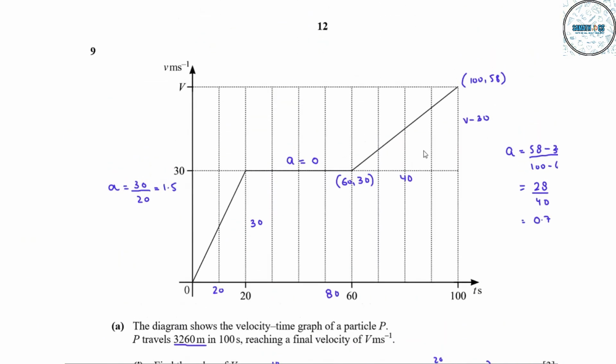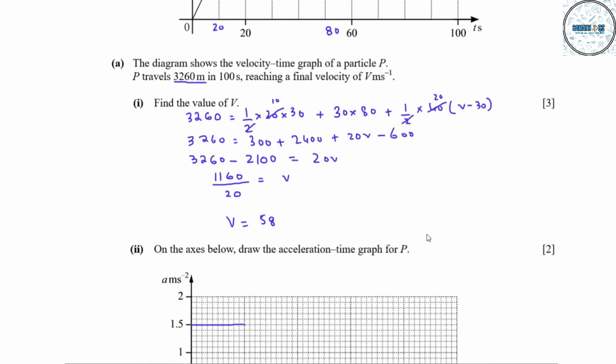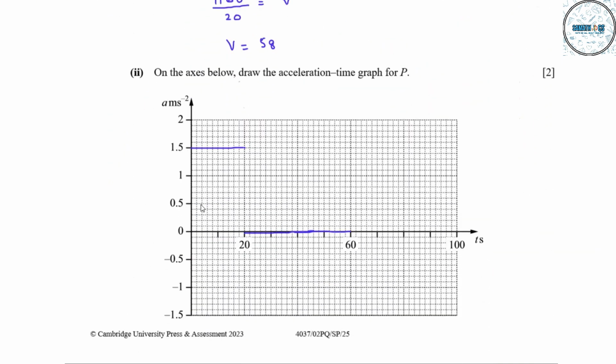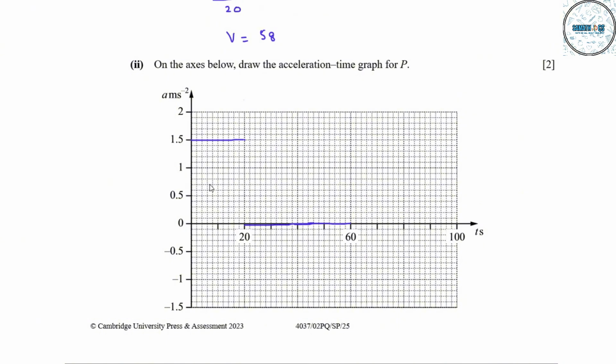Then from 60 till 100 seconds, it is 0.7. From 60 till 100, we have to draw a line at 0.7.